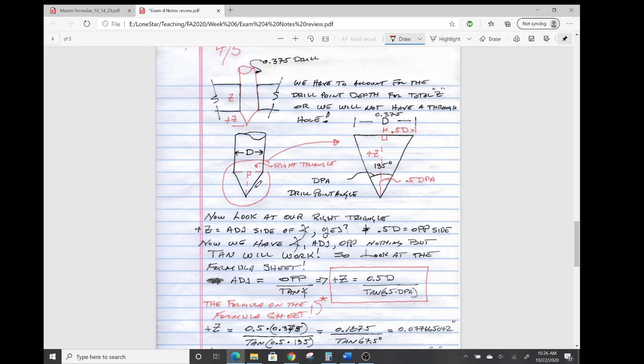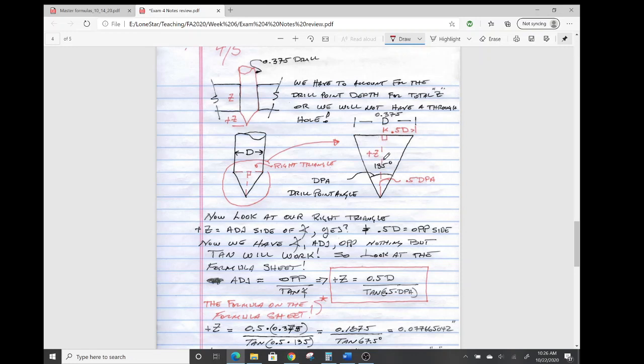If this is our angle, this is half of the drill point angle. We have a right triangle, do we not? We split the diameter in half, dropped a vertical line down, and made a 90-degree angle right there. So the opposite side of that angle is 0.5D. The adjacent side is what we want to solve for.